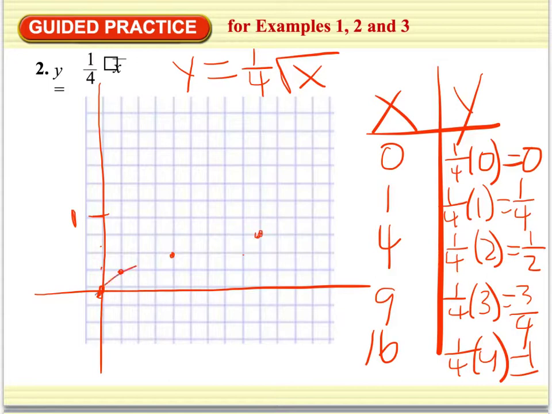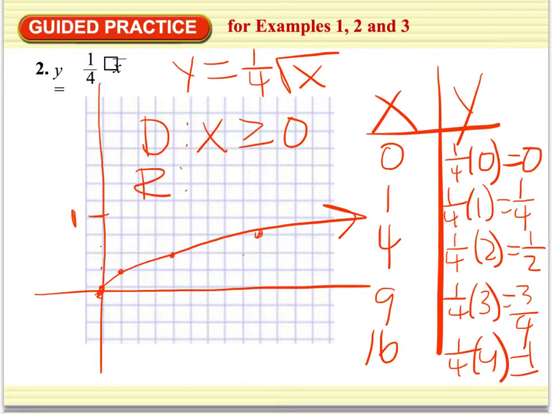And then 16 and 1 is off the graph. So our domain for this one is x greater than or equal to 0 because it's going to the right. And our range this time, y, is greater than or equal to 0 as well.